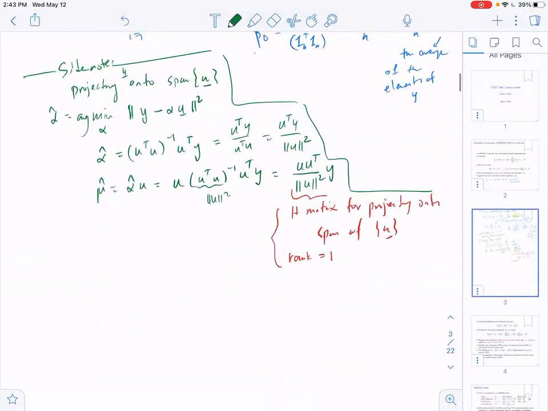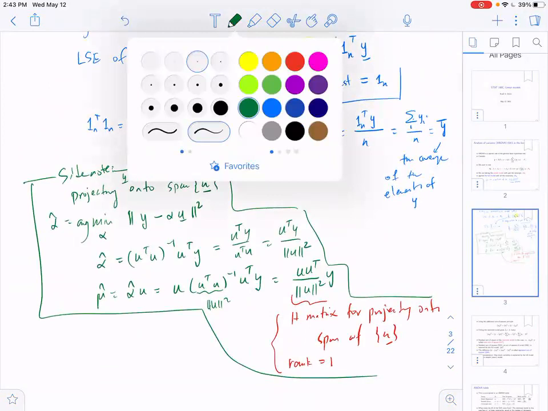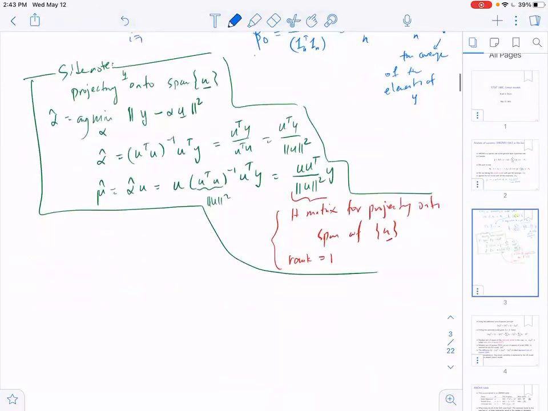So now we have computed this. What is the SSE for M0, which we usually write like this?